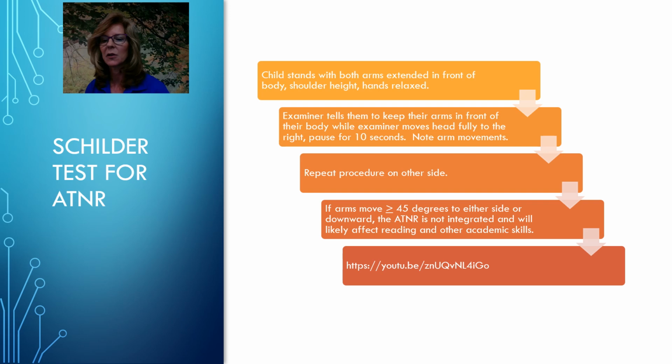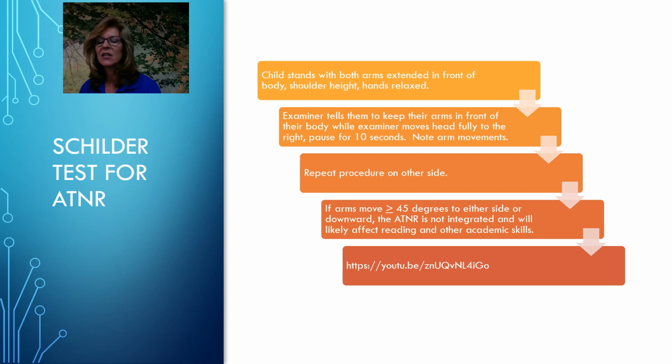Just like the little girl in the previous picture, the child stands with both of their arms extended in front of their body. Their arms are shoulder height and their hands are relaxed, so they're not flexed. Let's see if I can get my hands there. Okay, good. And the examiner says to them, keep your arms in front of your body, and I'm going to just move your head from one side to the other, and you keep your arms right there where they're at, right in front of your body.